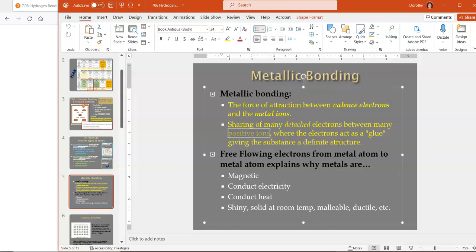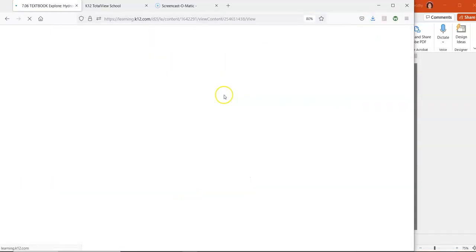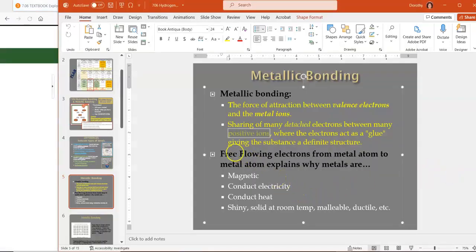So ion to ion to ion to ion. There's a great little video clip in your lesson that shows it, and it is something that you should watch. So notice the electrons are free flowing from atom to atom to atom.